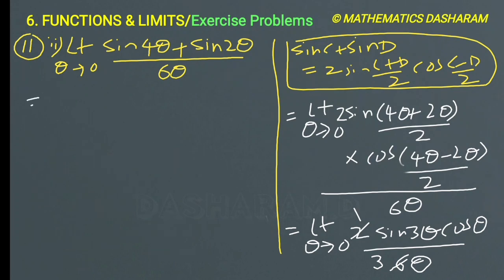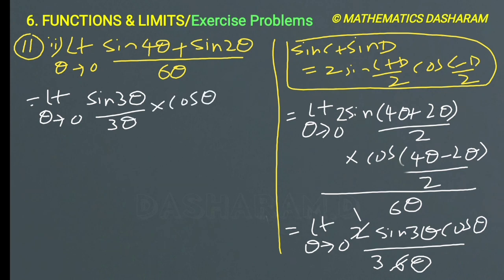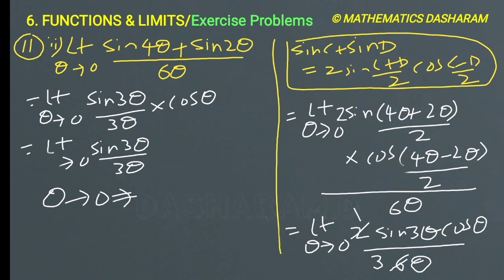So then it is equal to limit theta tends to 0 of sin 3 theta divided by 3 theta into cos theta. Now apply the limit individually. Sin 3 theta by 3 theta: here theta tends to 0, so 3 theta also tends to 0.